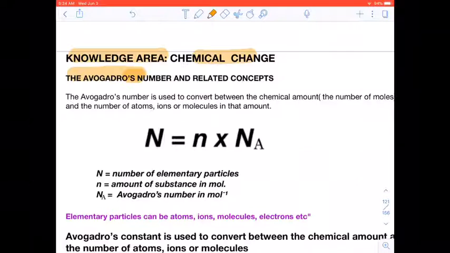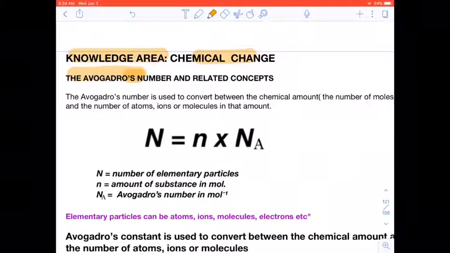The mole is linked to the Avogadro's constant, which is defined by a fixed numerical value which is exact. We, however, will use the approximate value in our calculations, and the approximate value is 6.02 times 10 to the 23.